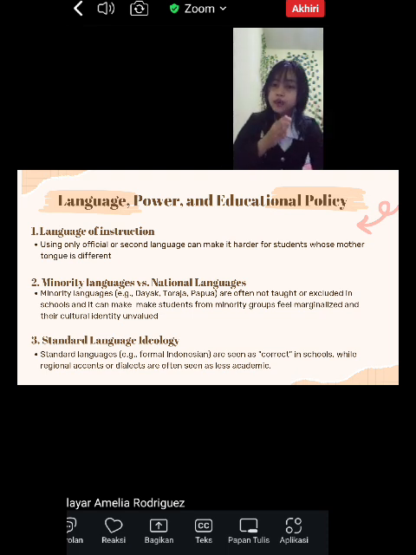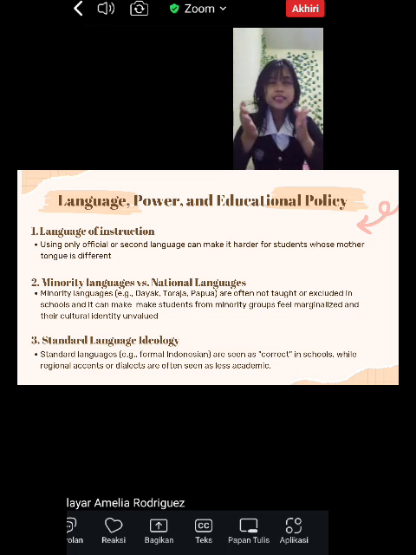When they enter junior high school, where only Bahasa Indonesia is used, they may struggle to follow the lessons, and this may affect their performance and confidence.